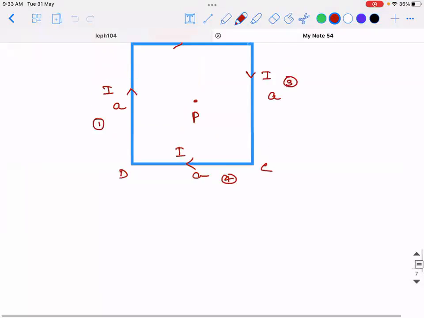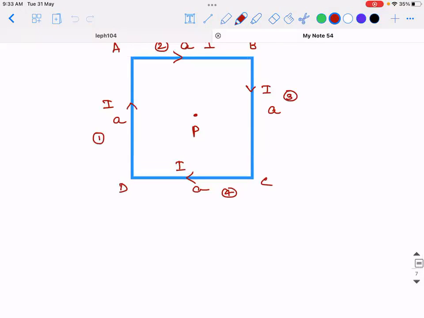So let's say the magnetic field due to the first conductor, if I call it B1, then what is going to be the value of B1 at point P due to the first current carrying conductor? B1 is equal to mu naught I divided by 4 pi into A into sine how much? Why is it 45?